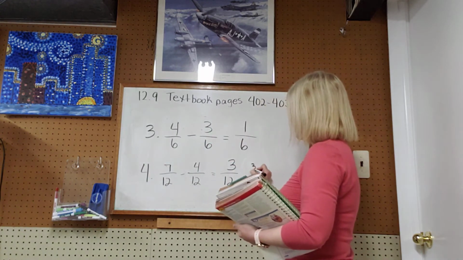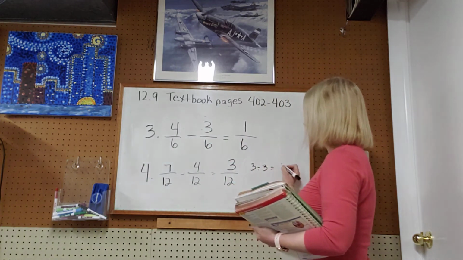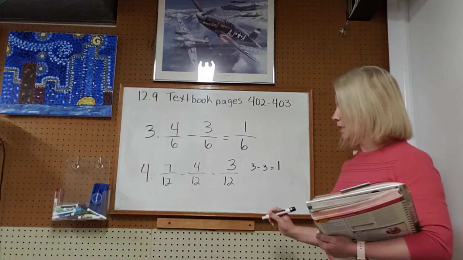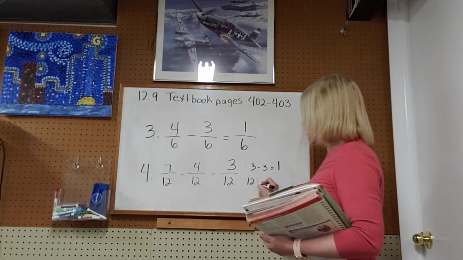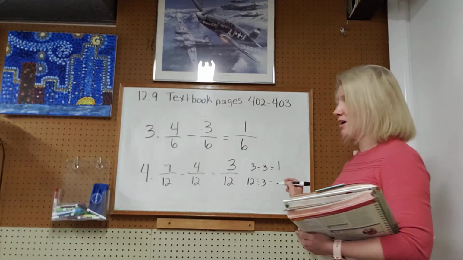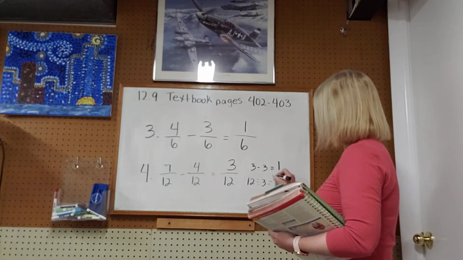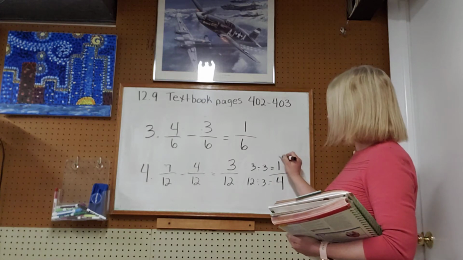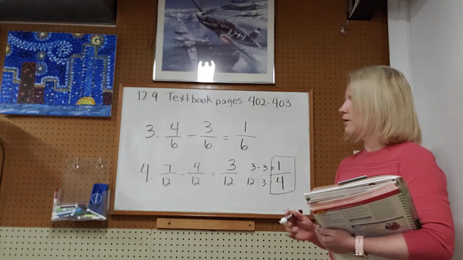3 divided by 3 equals 1, and 12 divided by 3 equals 4. So the simplest form would be 1/4.